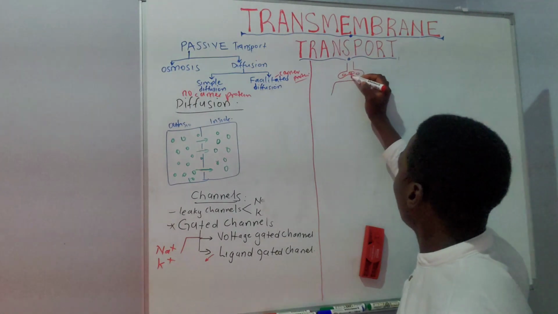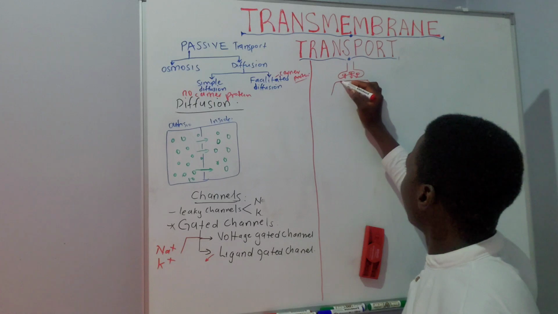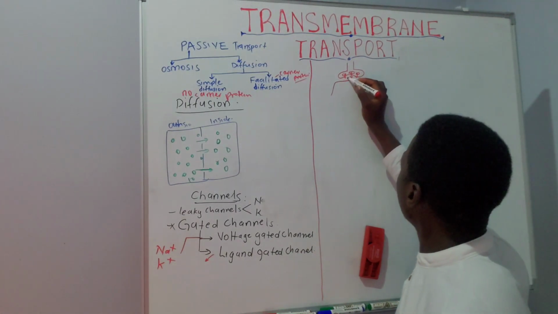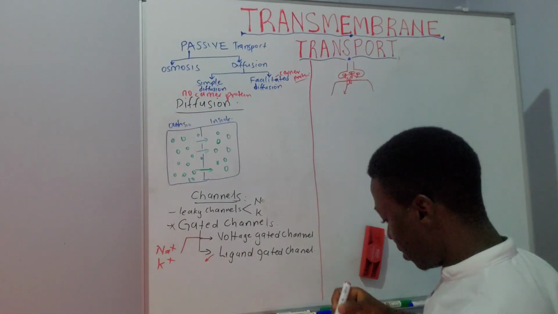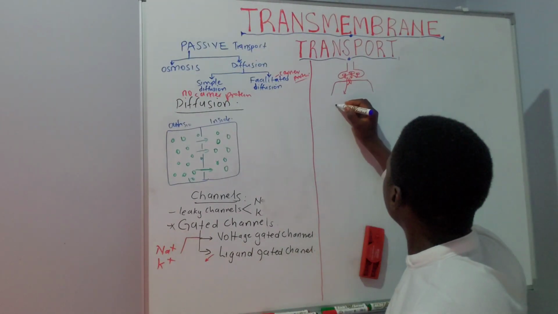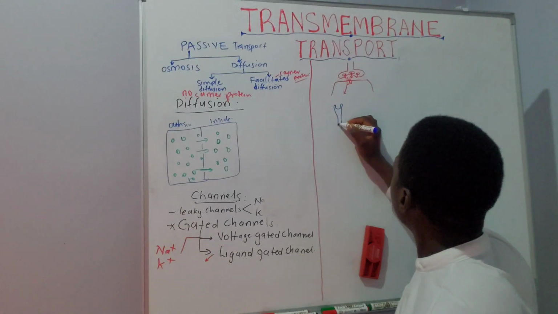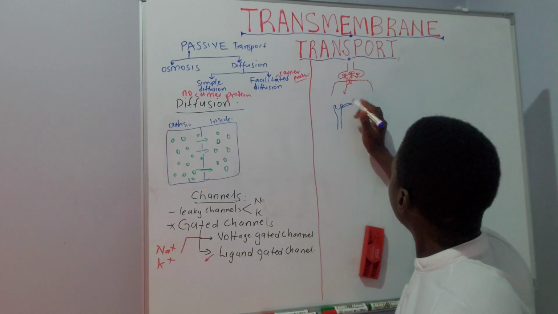Acetylcholine is released from these vesicles, and when it reaches the end plate at the neuromuscular junction, it is going to cause, if this is the channel, let me magnify that, I'm using a different color, so this is the channel. It has a gate.